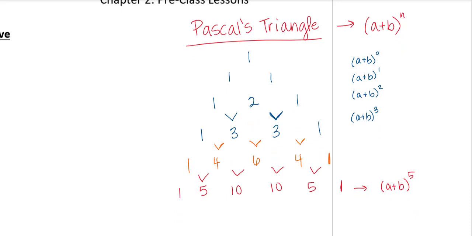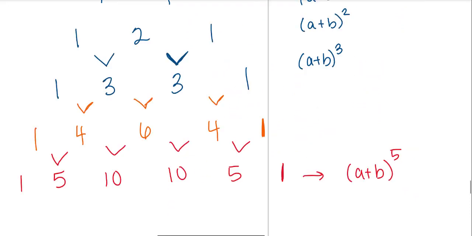So what happens to our variables is, for example, if I'm looking at that a plus b to the fifth, it'd be 1a to the fifth, then a would be descending: a to the fourth, the next term would be a cubed, then a squared, then a, and then no a. And then our b's, so to speak, or our second term in that binomial, would count up or be ascending.